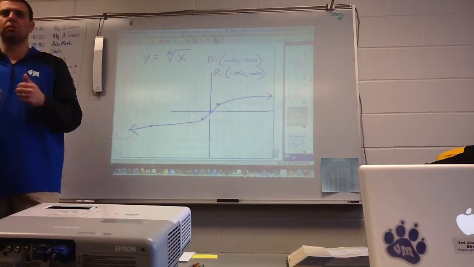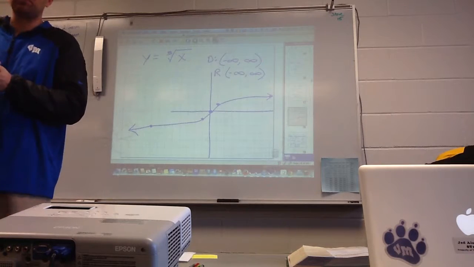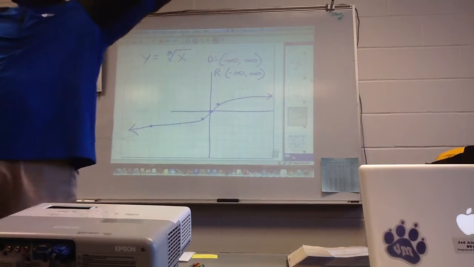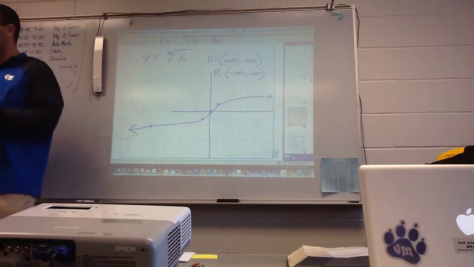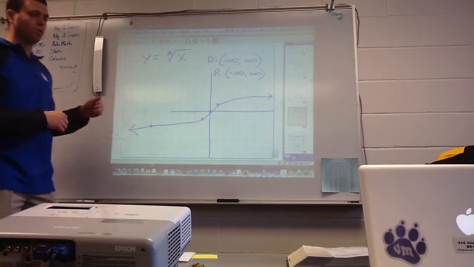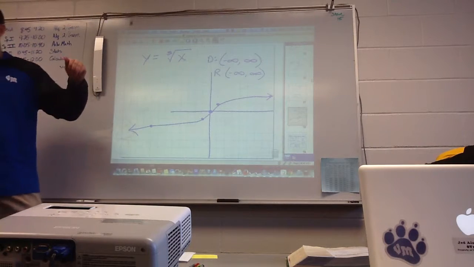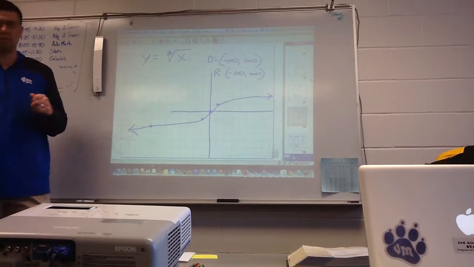That's why the graphs of even roots don't go both ways, left and right, forever. If you have a bad memory, maybe write that in big bold caps somewhere in your notes: you can't do even roots of negative numbers. But you can do odd roots of negative numbers.